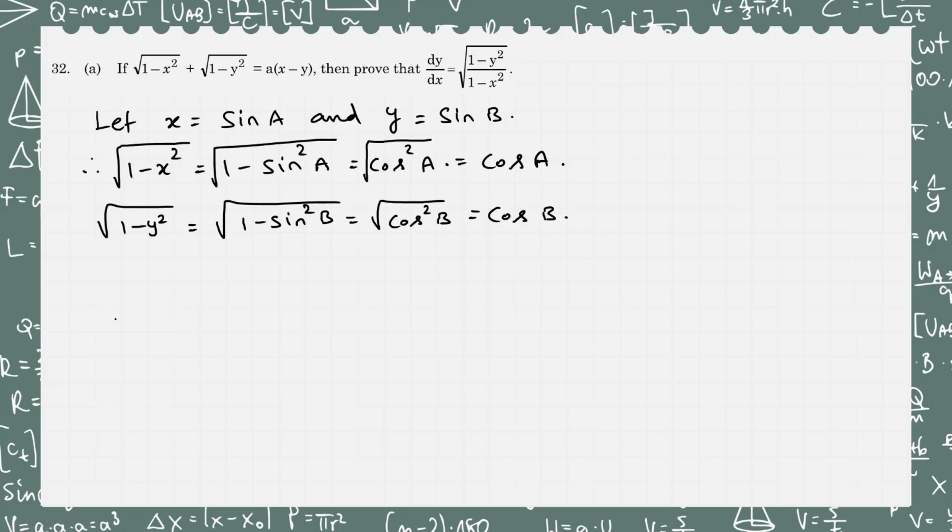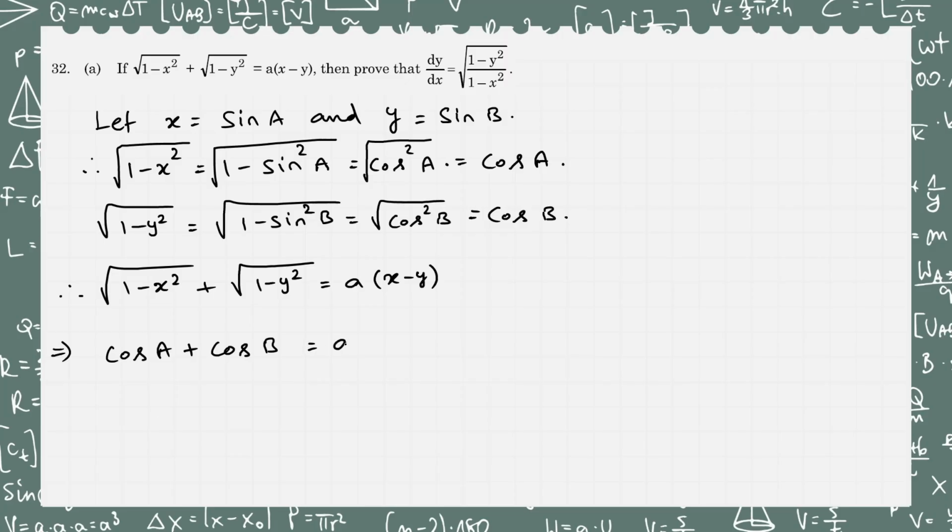So let's see what happens if we replace our x and y with the substituted values. Therefore, square root of 1 minus x square plus square root of 1 minus y square equal to a times x minus y implies cos A plus cos B equal to a times sin A minus sin B. Now we can apply identities further.